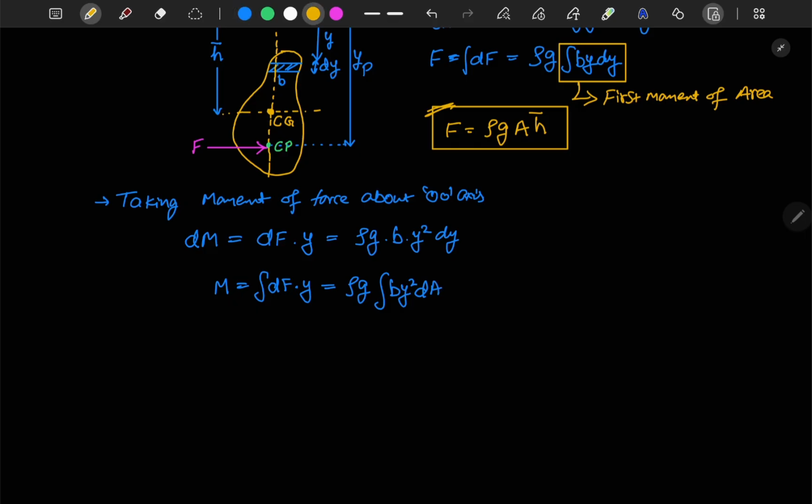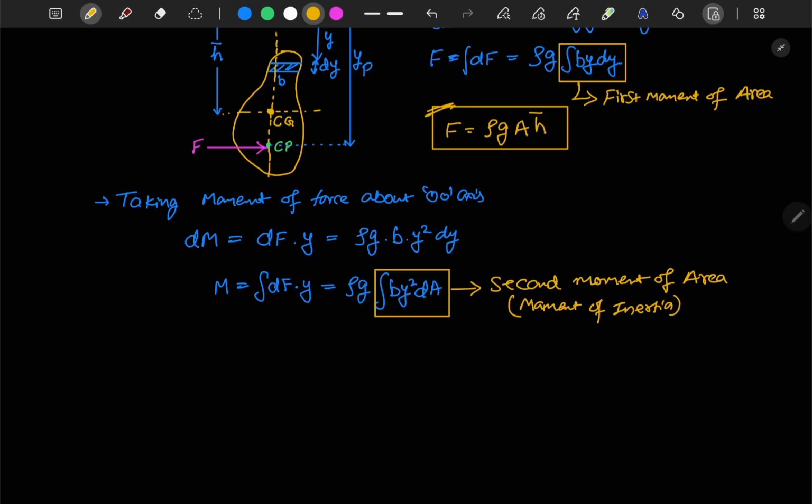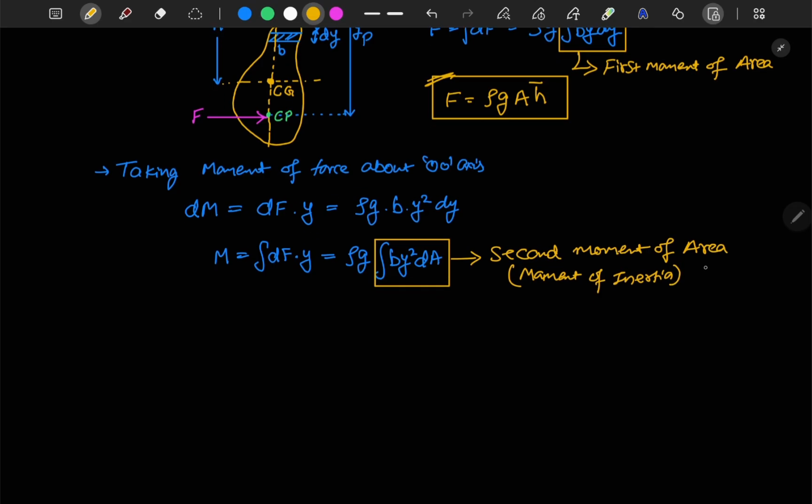Now this term here, y square dA, is basically the second moment of area, and is also called the moment of inertia. Okay, and this is represented by I naught.